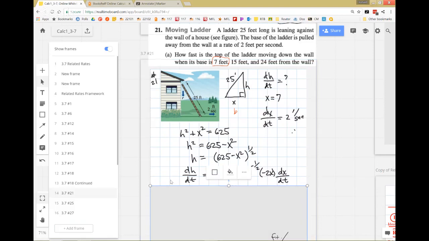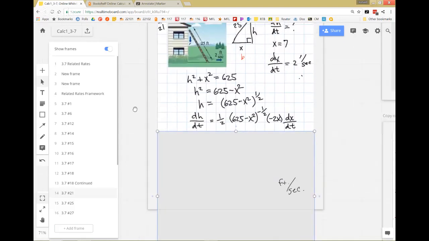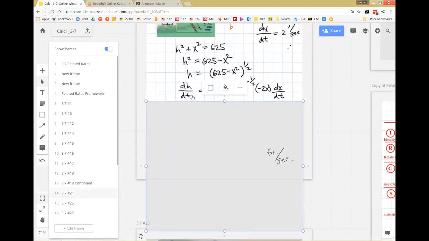So anyway, then we finally get to the differentiation. So dH/dt, left side equals, and here we do the power rule, 1/2, (625 minus x squared) to the negative 1/2. Chain rule, negative 2x for this negative x squared, and chain rule again, dx/dt.